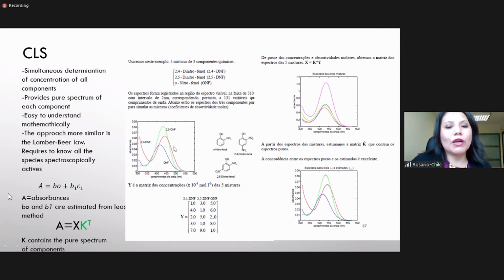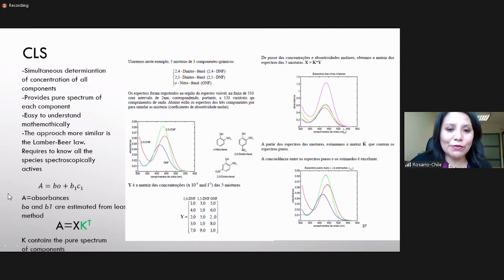So we will prepare five samples, here are the samples, with different concentrations of each compound. It's a mixture, okay? And the mixture will be analyzed by visible spectroscopy, and then the spectra will be recovered, and here we have the five samples of mixtures with the spectra. Totally overlapped.